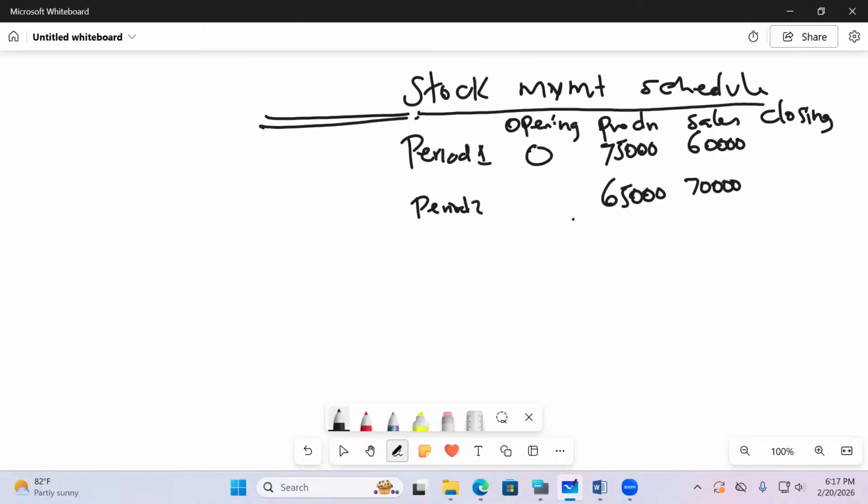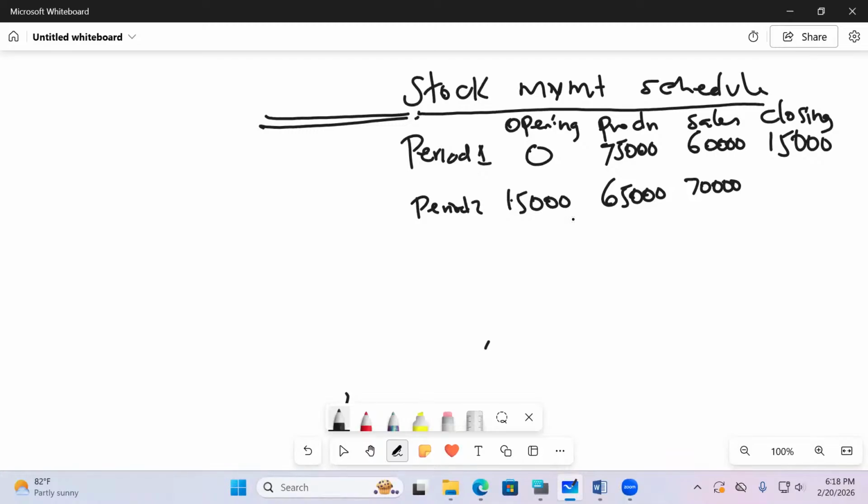So the goods available for sale were 75,000. We ended up selling 60,000, so the closing will be 15,000. This closing of 15,000 in period 1 becomes the opening in period 2.